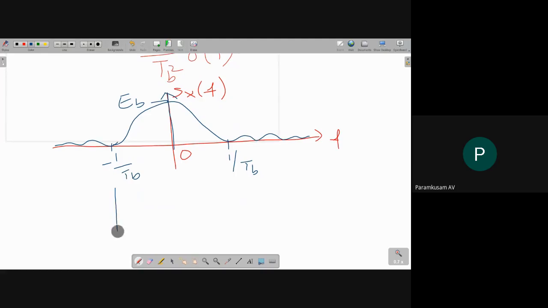Here the bandwidth is 1 by TB, which is nothing but FB.